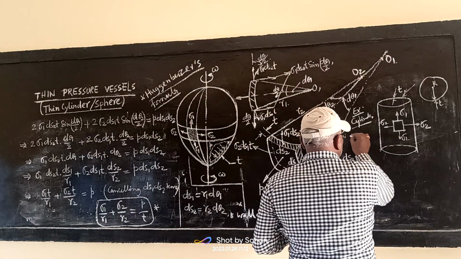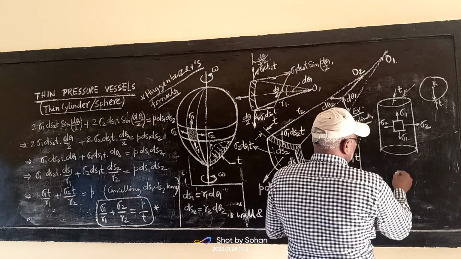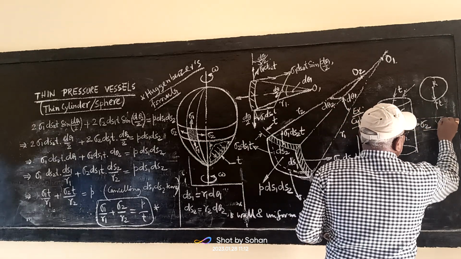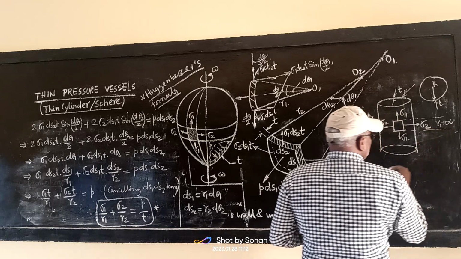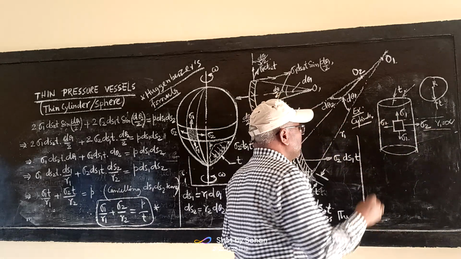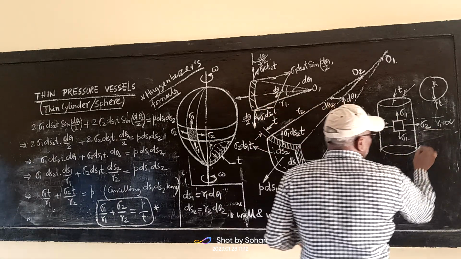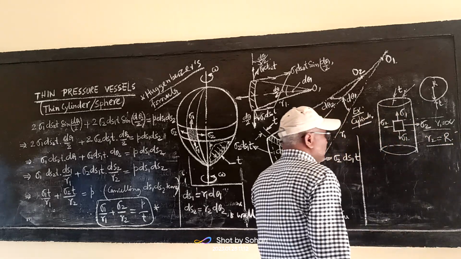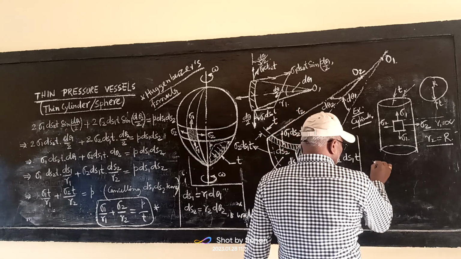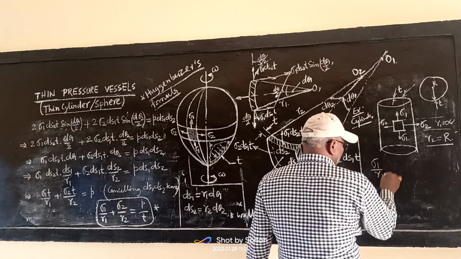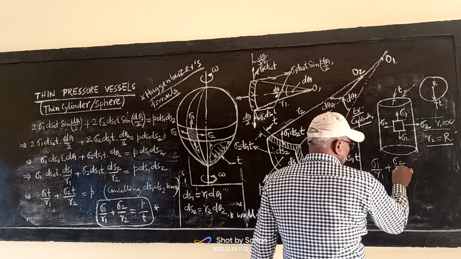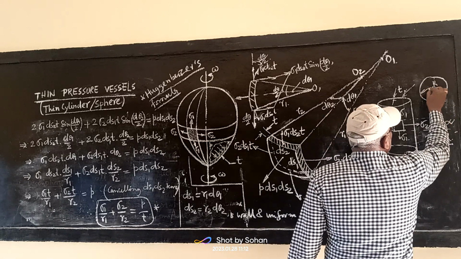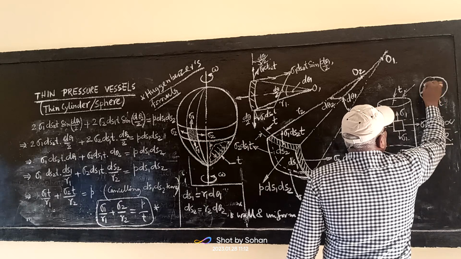Here R1 will be infinity, since the curves will not meet at any point, and R2 will be the radius of the cylinder. Now sigma 1 by R1 plus sigma 2 by R2 is equal to P by T, where P is the pressure acting in the cylinder.